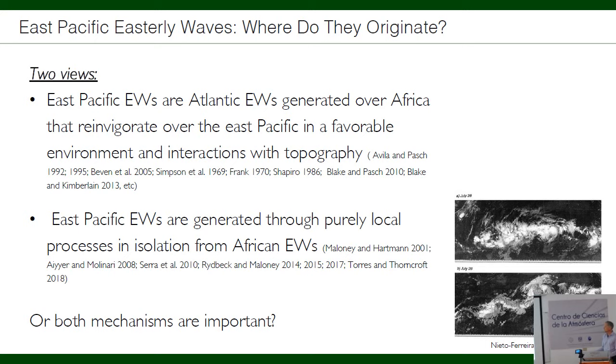But we've done a lot of work on this recently that has also helped to inspire others to do work on this topic. So I really like this idea of local generation mechanisms. But ultimately, the conclusion I'm going to come to at the end of my talk is that possibly both of these are important.